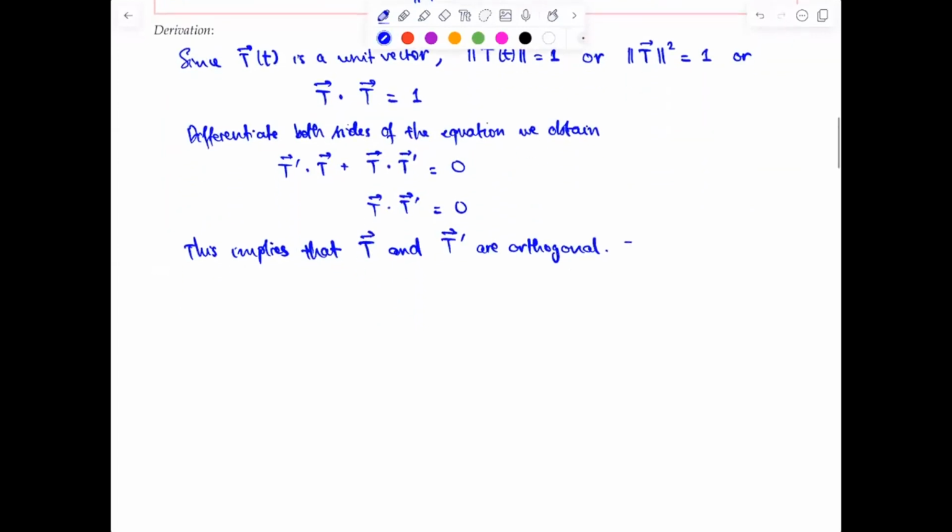Then we define that vector T prime to be a normal vector. Not the unit normal vector, just the normal vector, of the vector-valued function.